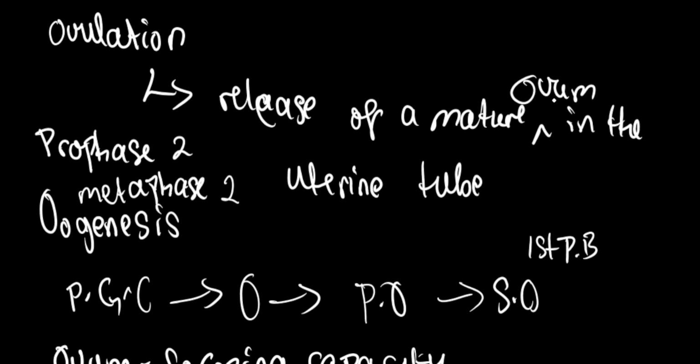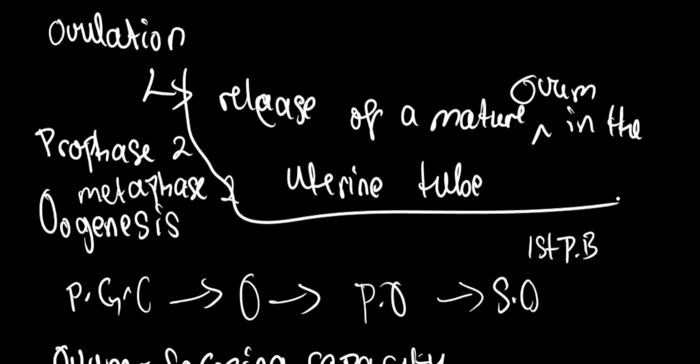But most texts have it this way: the release of a mature ovum into the uterine tube. The ovum is only formed in the phase of fertilization. If fertilization takes place, the secondary oocyte continues the second meiotic division, and then the pronucleus of the ovum fuses with the pronucleus of the sperm.